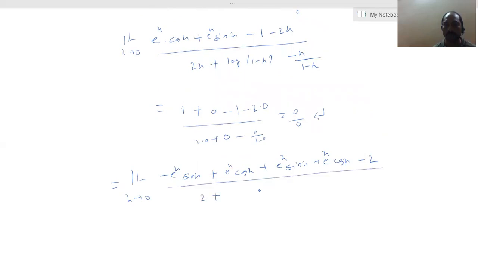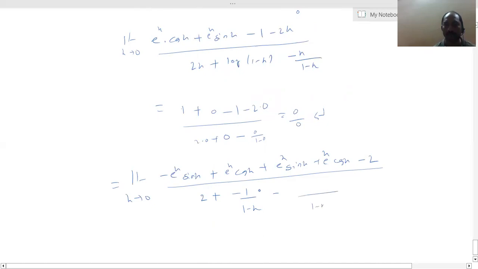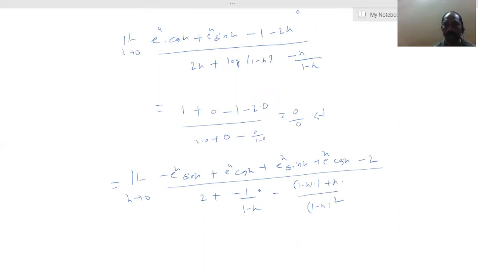The derivative of 2x is 2. The derivative of log of 1 minus x is minus 1 by 1 minus x. Here we need to apply the UV rule: v square into v into the derivative of u minus u into the derivative of v. It becomes plus 1. Now substitute the x value.